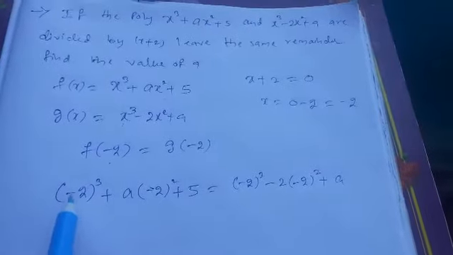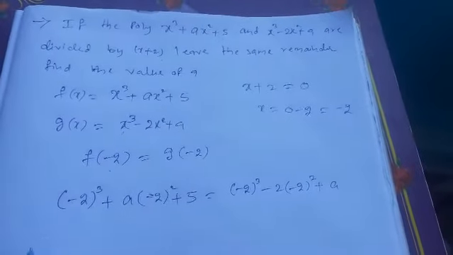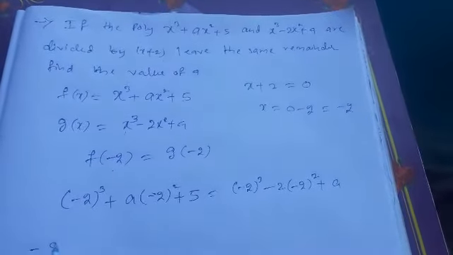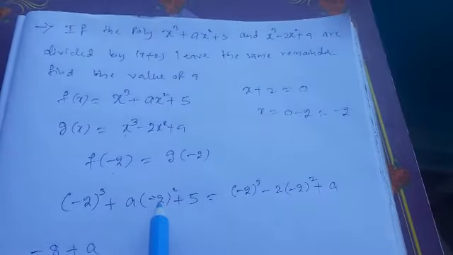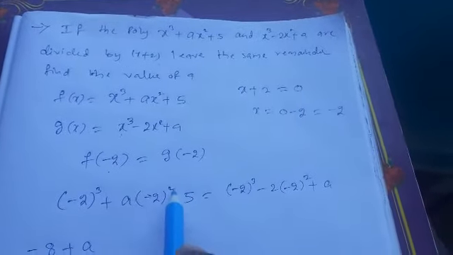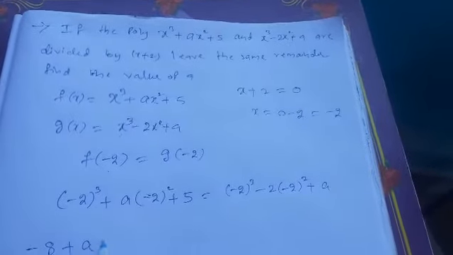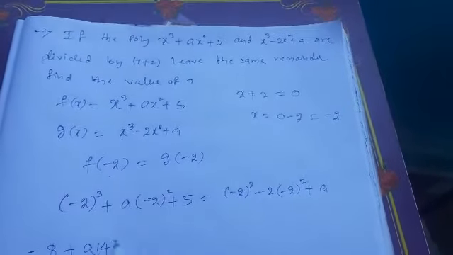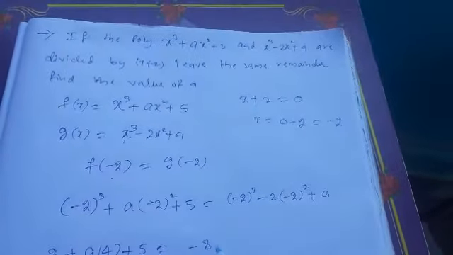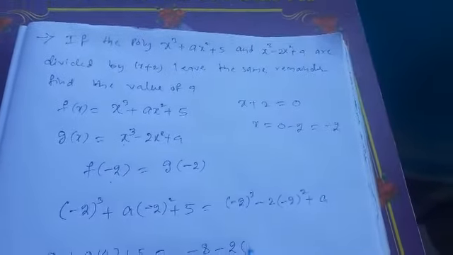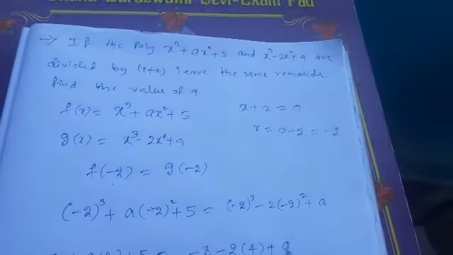Minus 2 whole cube, minus power odd, is minus 8, plus a times minus 2 power 2. That is minus power even, plus 2 square is 4. Minus 2 whole cube is minus 8, minus 2 of minus 2 whole square is 4, plus a.